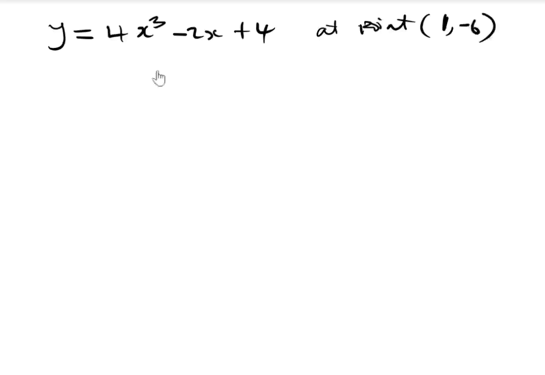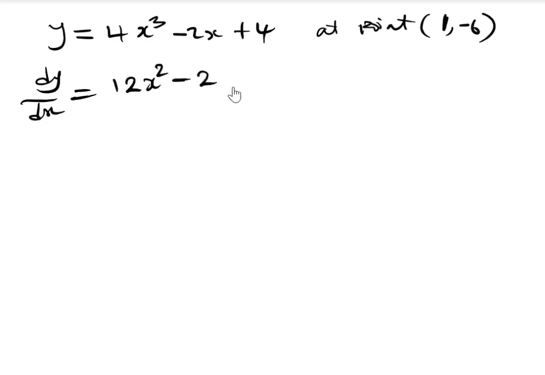So to solve this question, all you have to do is differentiate. dy/dx, the differentiation of 4x cubed will be 12x squared, minus the differentiation of this will be 2, and the differentiation of a constant is 0.